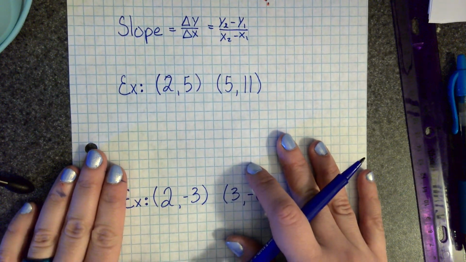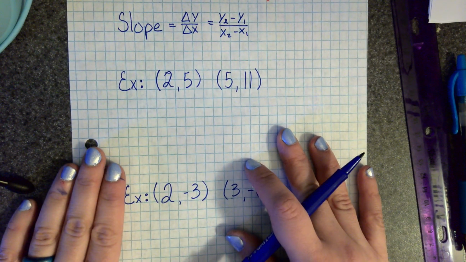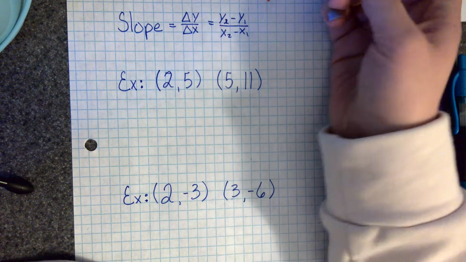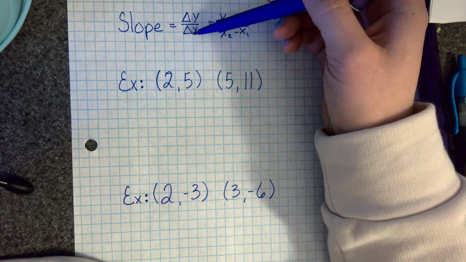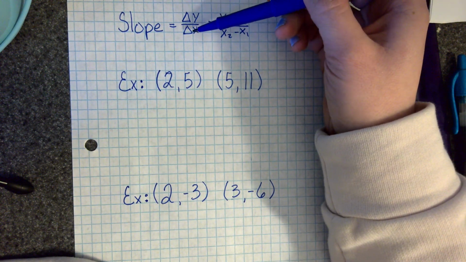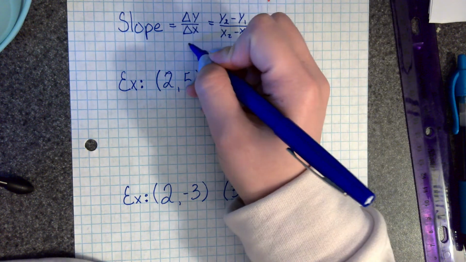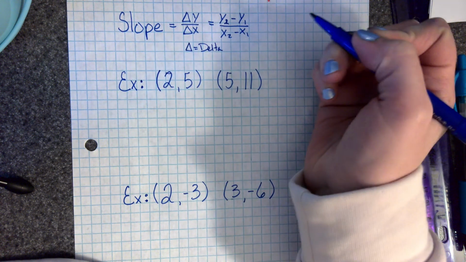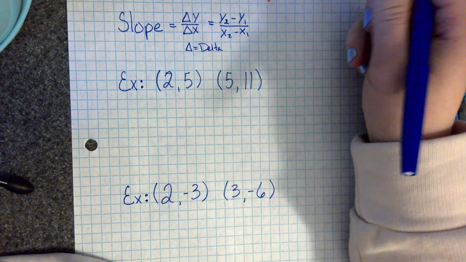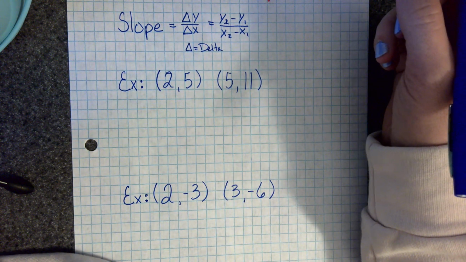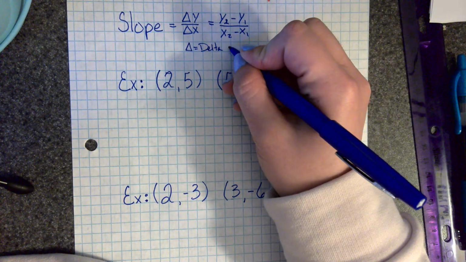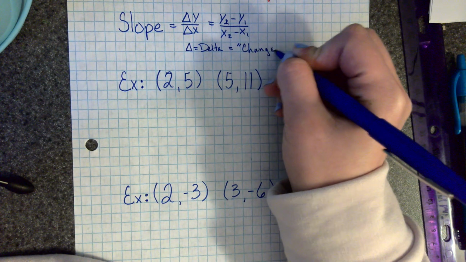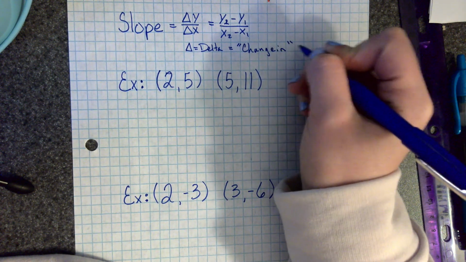There is this handy-dandy little formula for slope if we're only using 2 points. You notice these little triangles here? The word for this triangle is delta. Triangle equals delta. It is Greek. Now the delta, and this is going to be consistent throughout the rest of your math and physics career, equals change in.